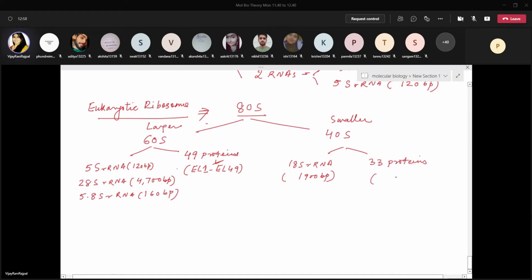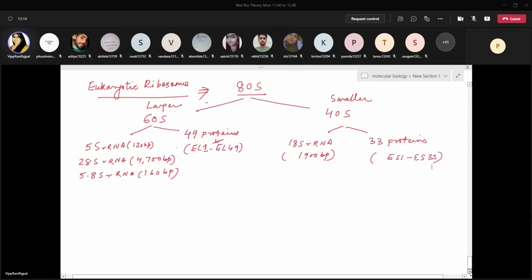And they are labeled as ES1 to ES33. Fine. So this is the composition of ribosomes in prokaryotes and eukaryotes.